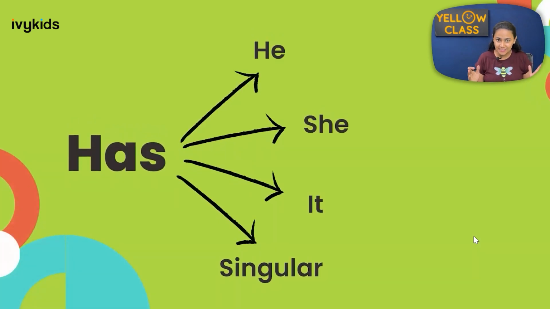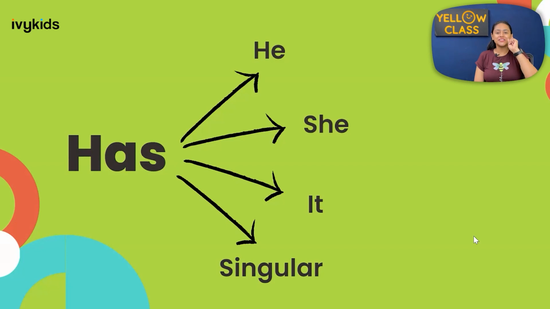Starting with has. As there are different words, they are used with different subjects. Remember the session subject verb agreement? A point from there as well. So there are some set of subjects with which we use has. Let's look at the words.